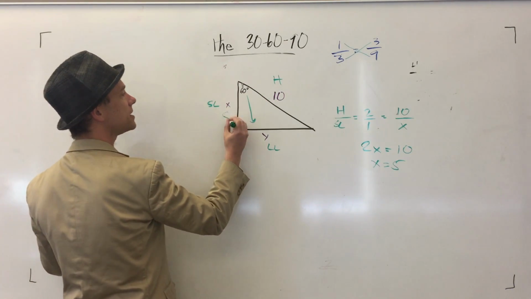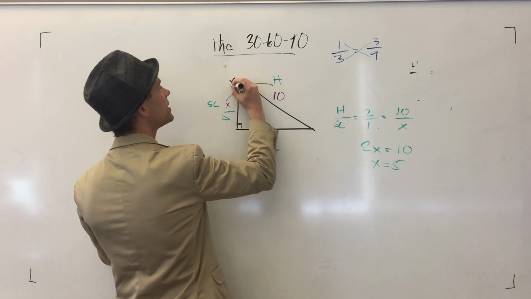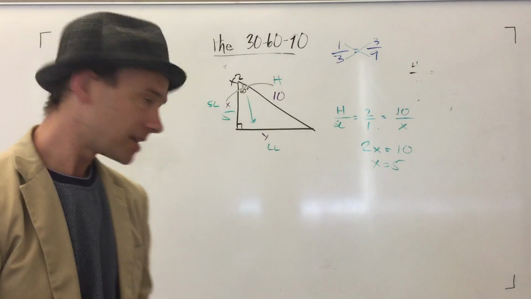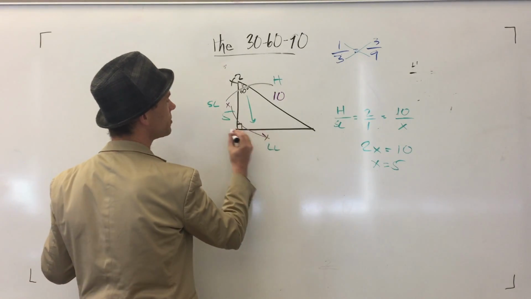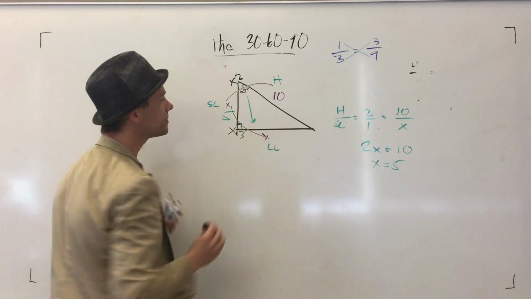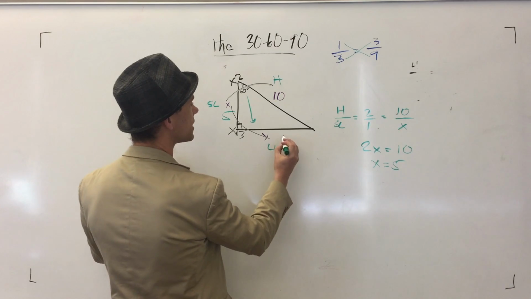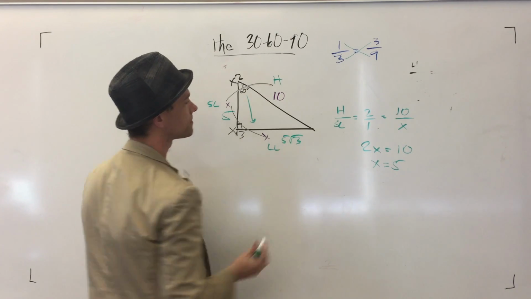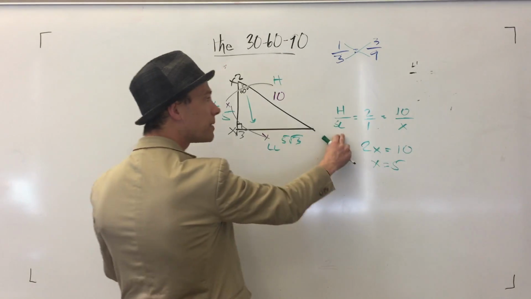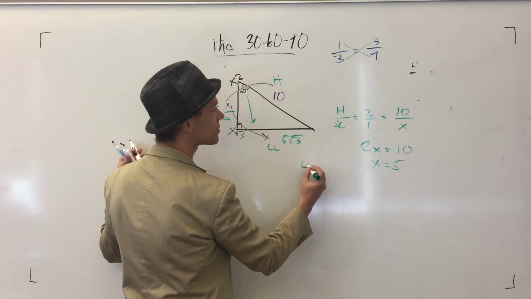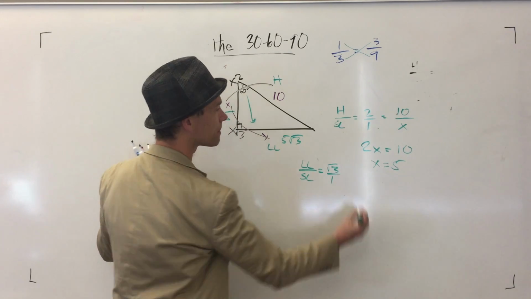So now we have that this is in fact 5. And we remember that is our times 2 relationship. So once we have the 5, if you can remember that it's a times root 3 ratio of long leg to short leg, then the answer over here is going to have to be 5 root 3. If you don't recall that, you might go back to your equations and say the ratio of the long leg to the short leg is always going to be root 3 over 1.